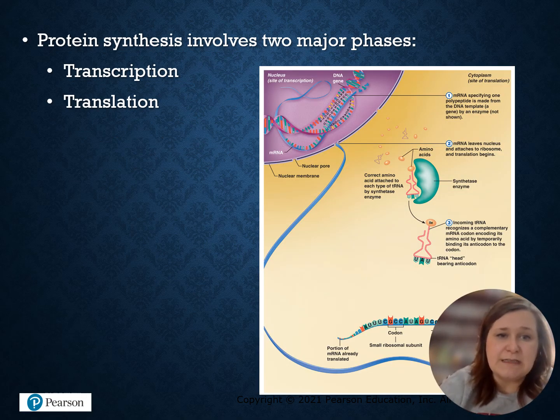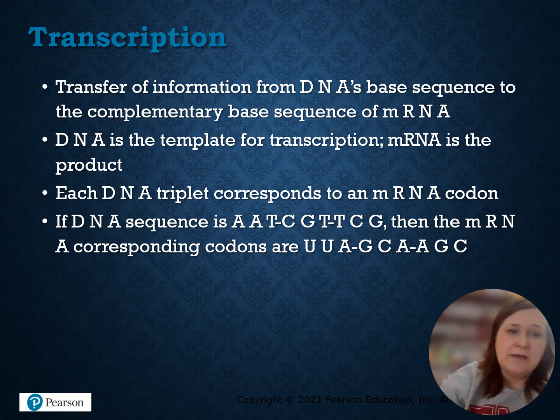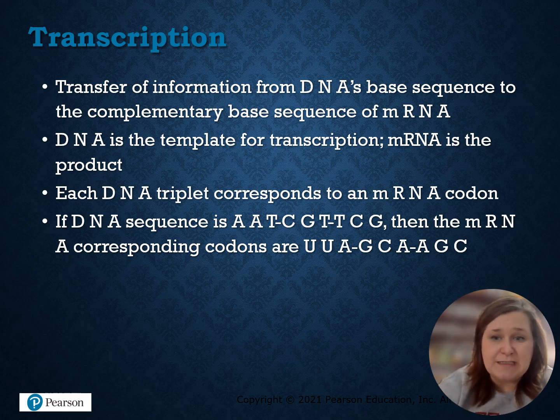So protein synthesis is going to involve two major phases, transcription and translation. I put a little diagram to help explain this better. In transcription, the transfer of information from DNA's base sequence to the complementary base sequence of mRNA is going to happen first. The DNA is the template for the transcription, whereas mRNA is the product. Each DNA triplet is going to correspond to an mRNA codon.